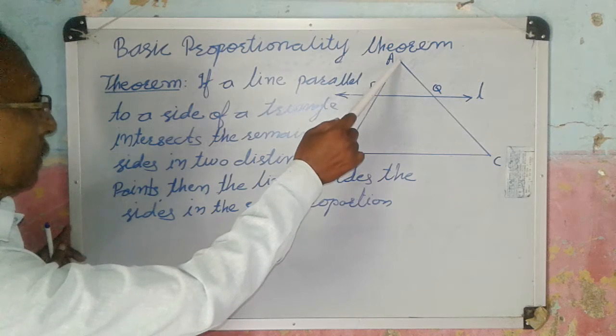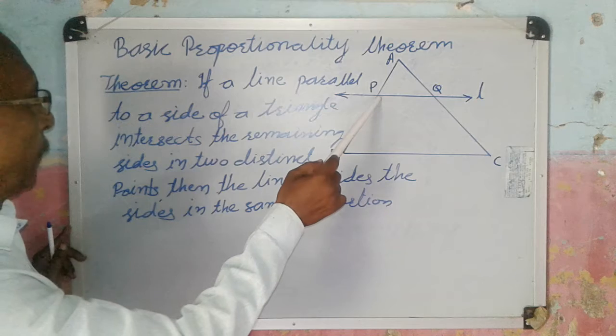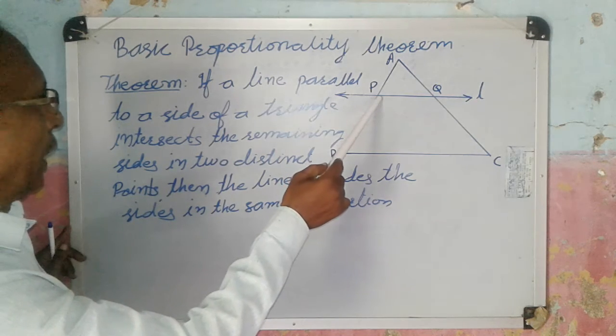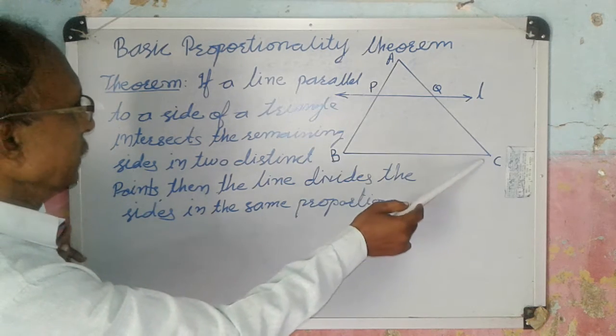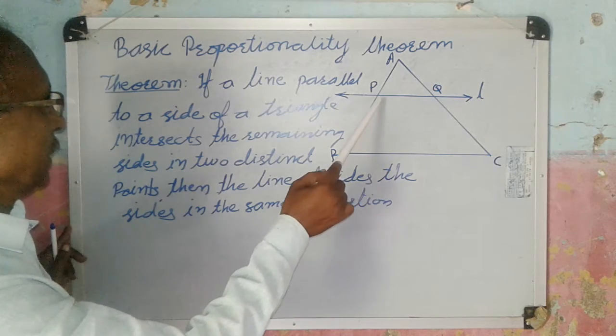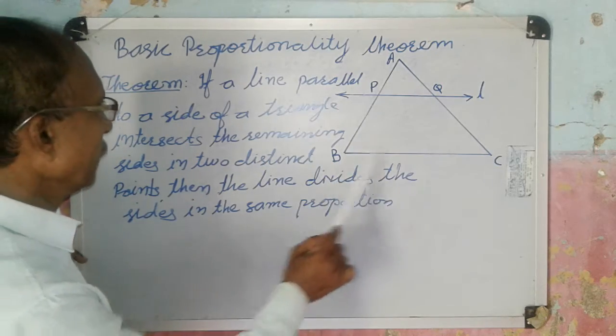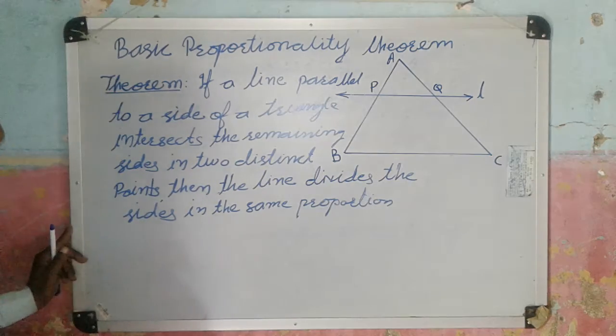That means it intersects side AB in point P and side AC in point Q. That means this line intersects the remaining two sides and is parallel to side BC.